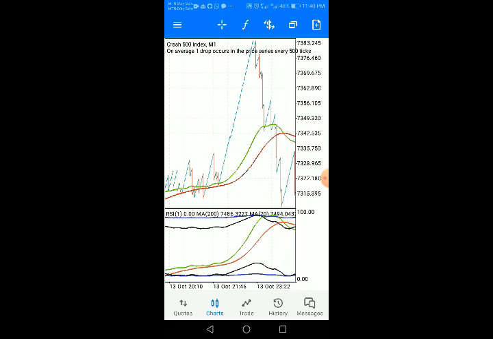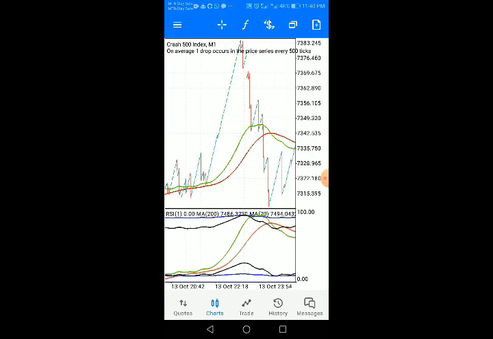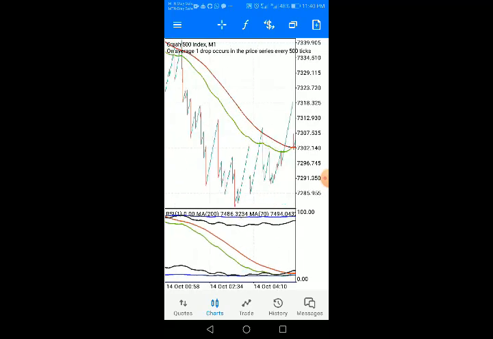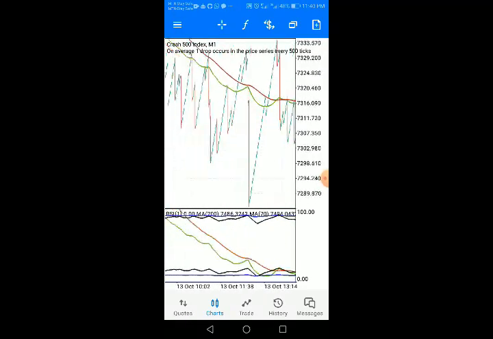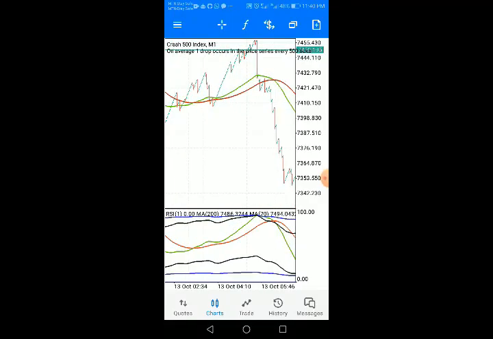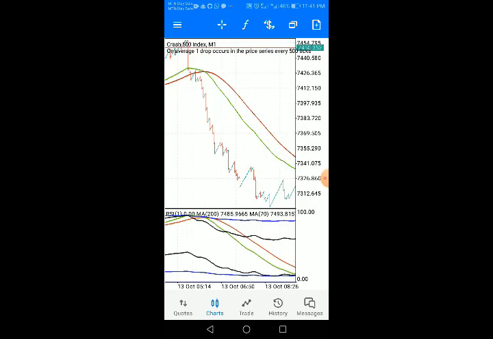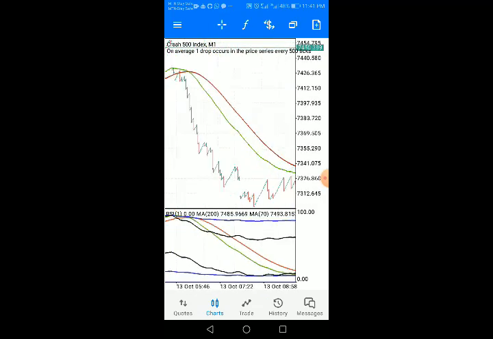So you can see it's a very simple and very, very powerful trading strategy that lets you make profit easily in boom and crash markets. So you can see this one as well. You can see the crossing. So after the crossing, what does the market do? Went down.